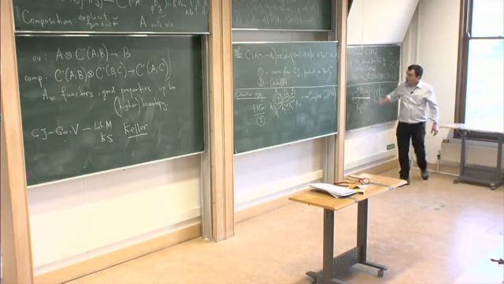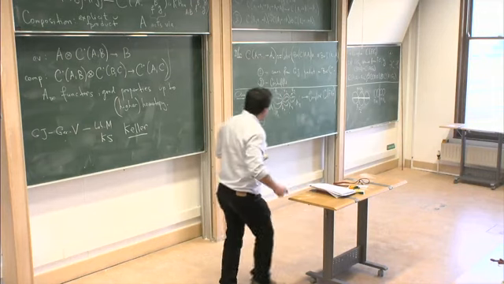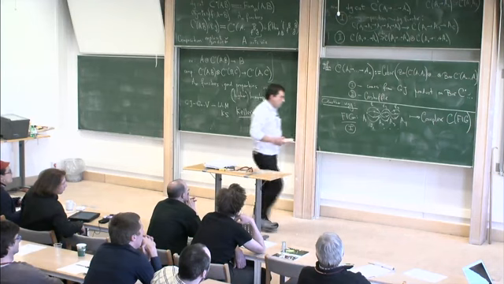Okay, so this is another way of saying that DG categories form a two-category up to homotopy.